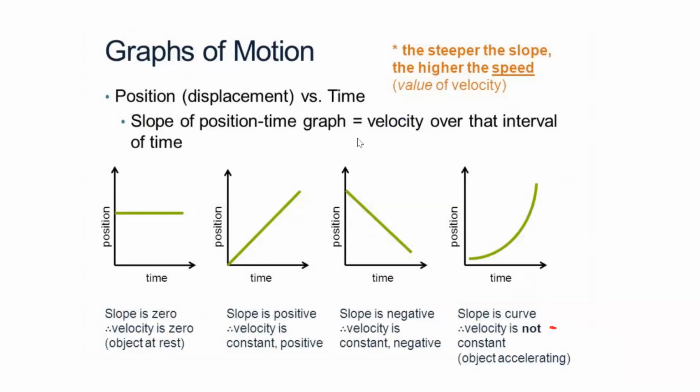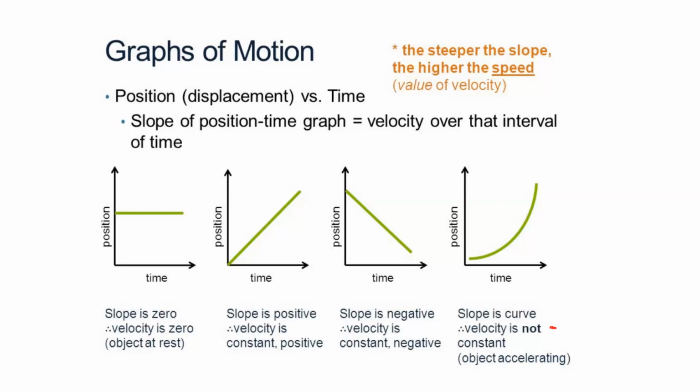Okay, graphs of motion. Starting off with the position versus time graphs, we're going to go through each of these and see what each of them means, instead of trying to memorize that this graph is always equal to this. For position-time graphs, you have the position on the y-axis and time on the x-axis.